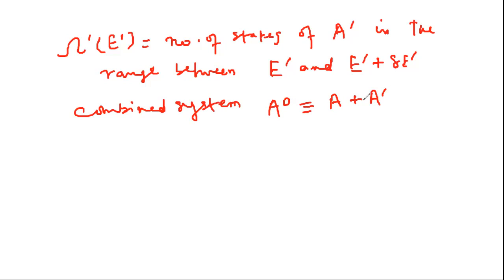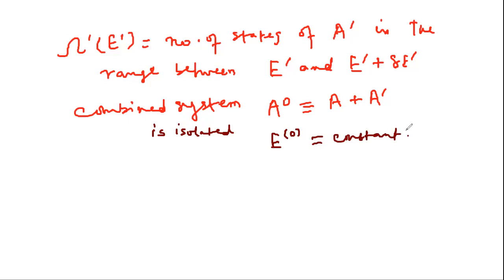This combined system is isolated, and its total energy we denote by E naught, which is therefore constant, right? Because it is isolated.